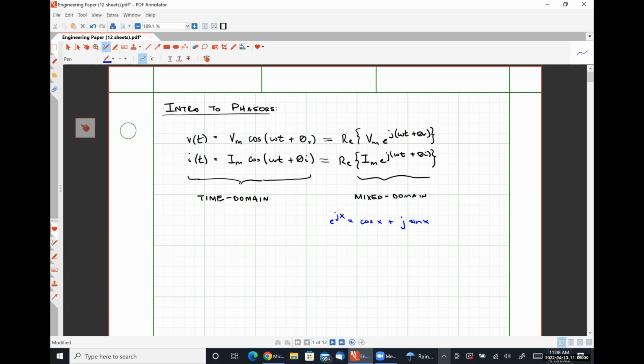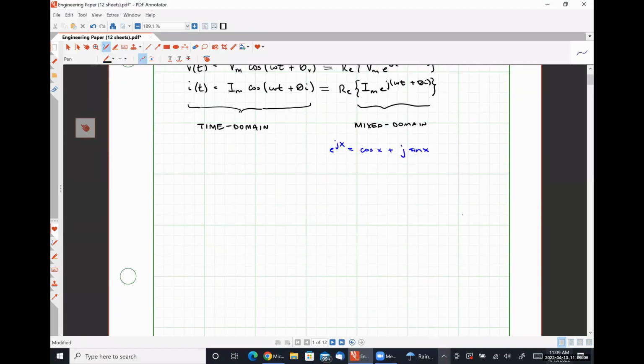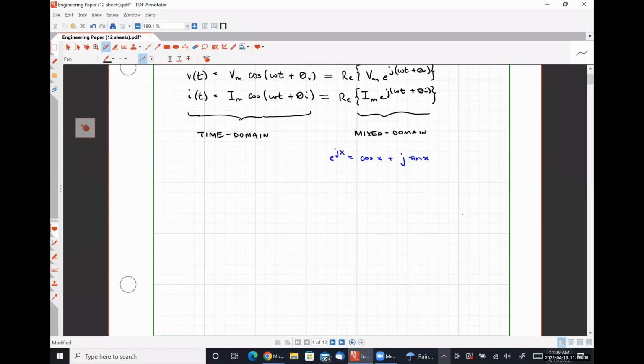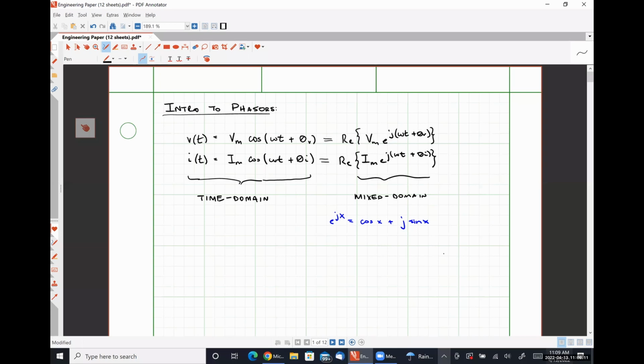And that leads us to our phasor representation. So our phasor representation, which I'm going to put up here, would be a phasor voltage V, where I indicate phasor quantities by putting a horizontal bar over the top of them, because I can't write in boldface.